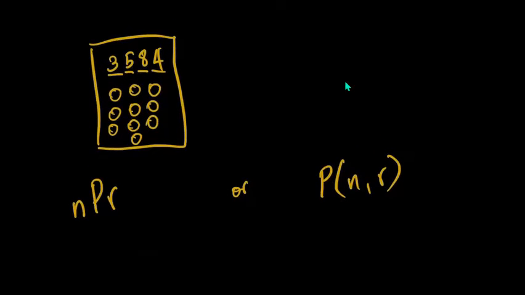The general formula for permutation, by the way, is n factorial divided by n minus r factorial. This is what nPr is equal to.